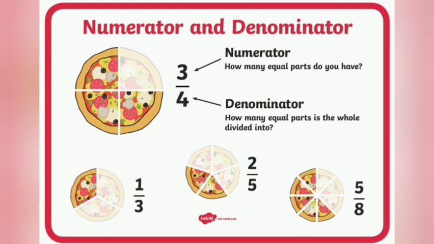You can see 4. 4 means, we always write at the bottom of this particular line how many parts there were initially. That means how many parts the particular whole one, the pizza in the beginning as a whole one, was divided into.